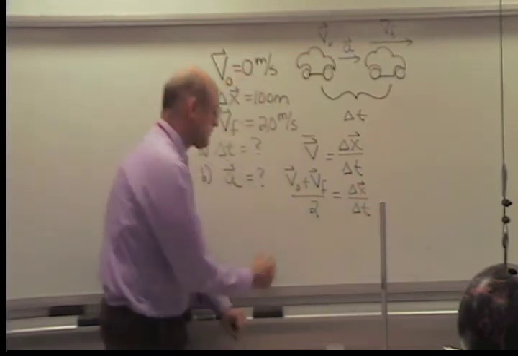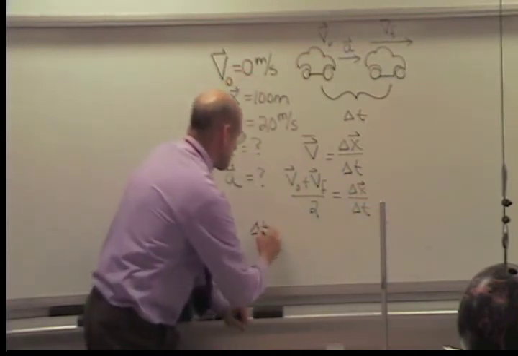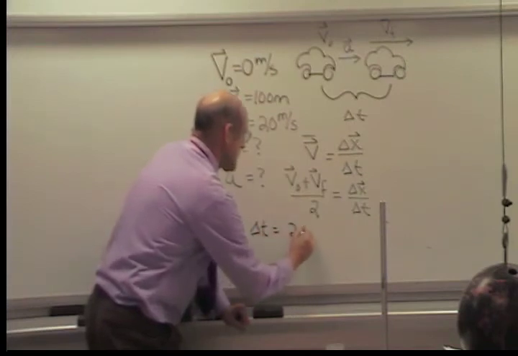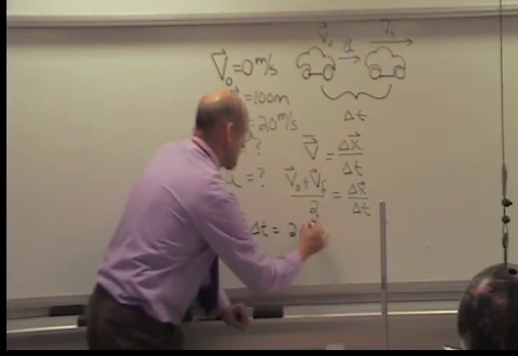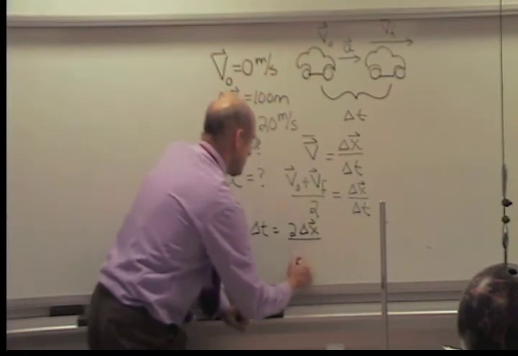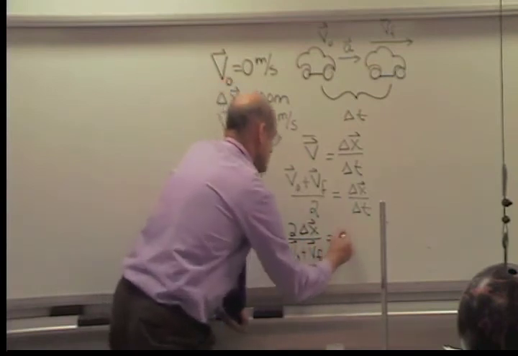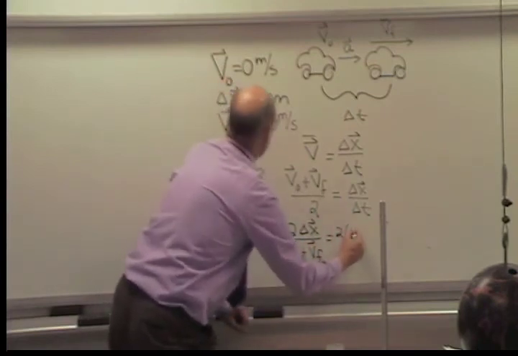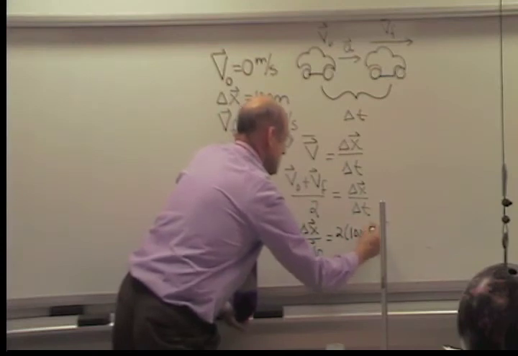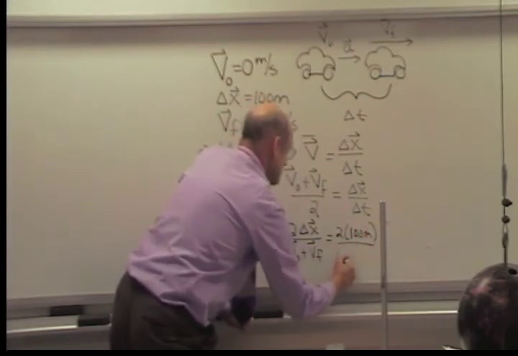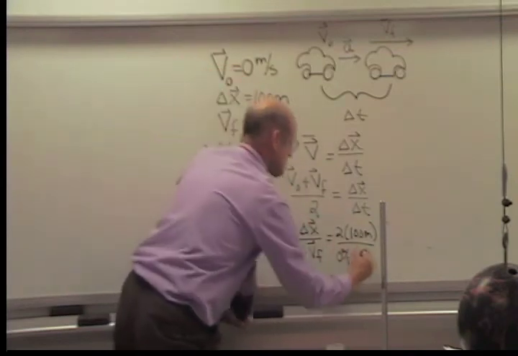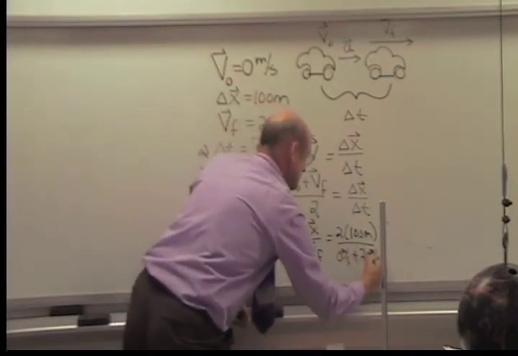Okay, so now we solve for time. So we get 2 times the displacement divided by the original plus the final velocity. So that's 2 times 100 meters divided by 0 meters per second plus 20 meters per second.